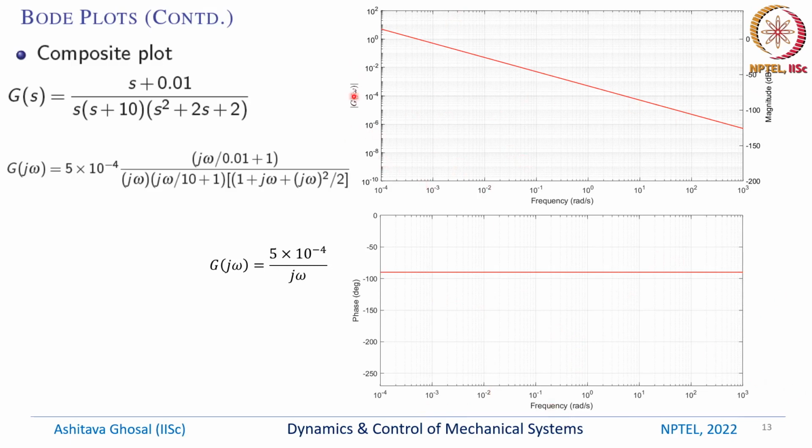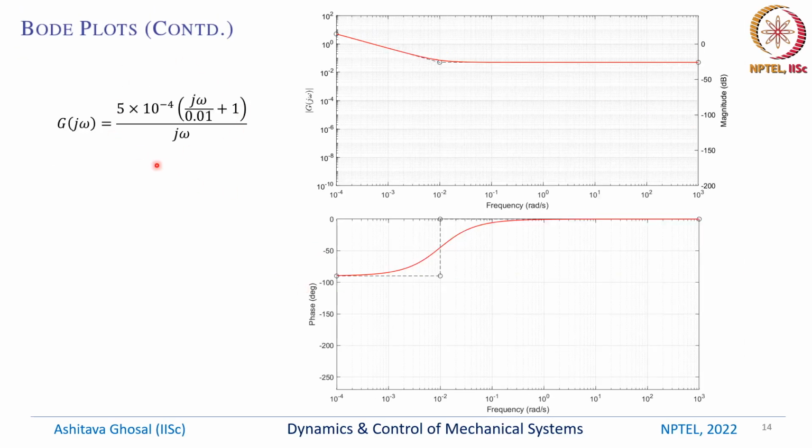MATLAB also gives you the magnitude in dB, and the phase is minus 90 degrees. This is the standard form for a transfer function k divided by j omega.